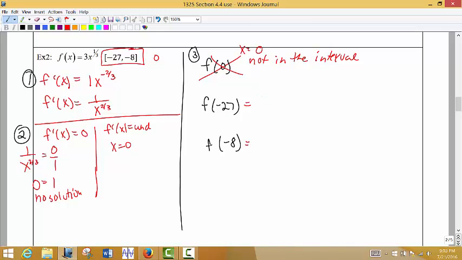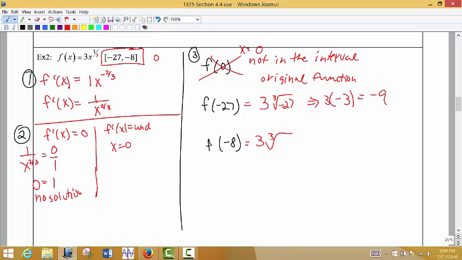So I'm going to plug in negative 27. Remember, we're plugging it into the original function to compare the y values of those points. So it's 3 times, and remember that raising something to the 1/3 power is the same thing as taking the cube root of it. The cube root of negative 27 would be negative 3. 3 times negative 3 is negative 9.